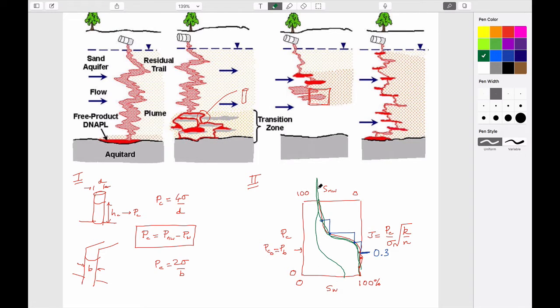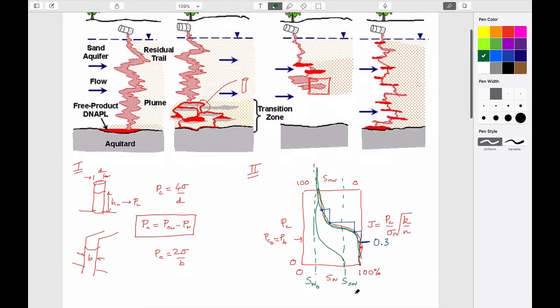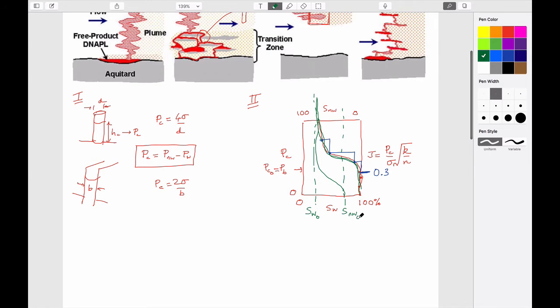We said last time that there are a couple of parameters that we define on this curve. This is the irreducible saturation of water, or wetting saturation, and the irreducible saturation of the non-wetting component. They kind of define no-go areas that we can't get back into.